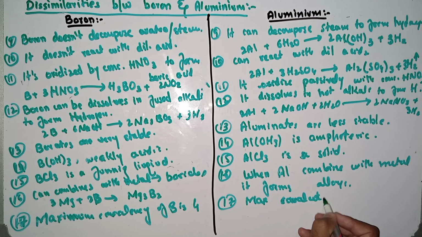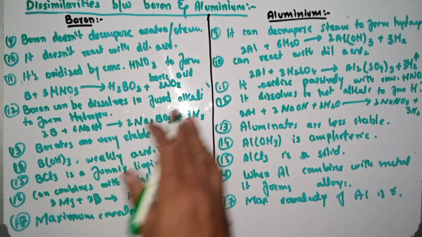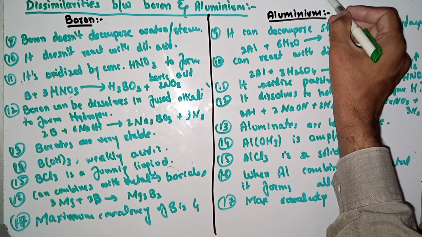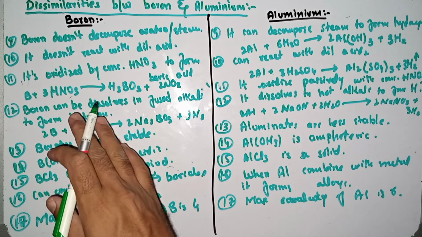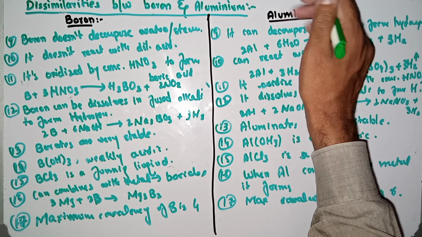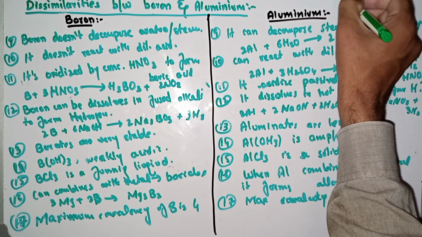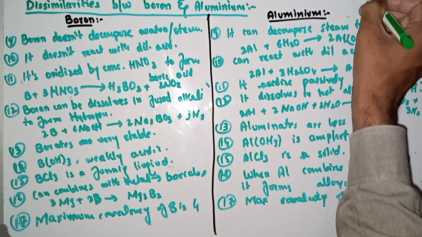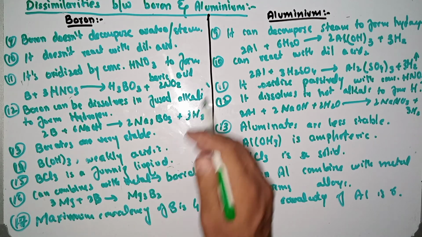You can get this from the electronic configuration. Boron has 3 electrons in its valence shell, with totally 4 orbitals, while in case of aluminum the valence shell has 3s2, 3p1, 3d0. It means aluminum has more than 4 orbitals.